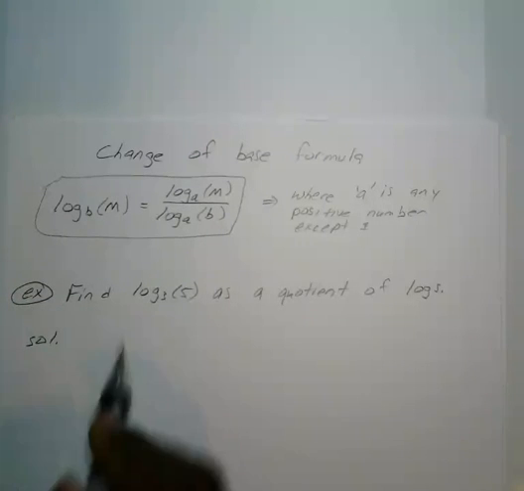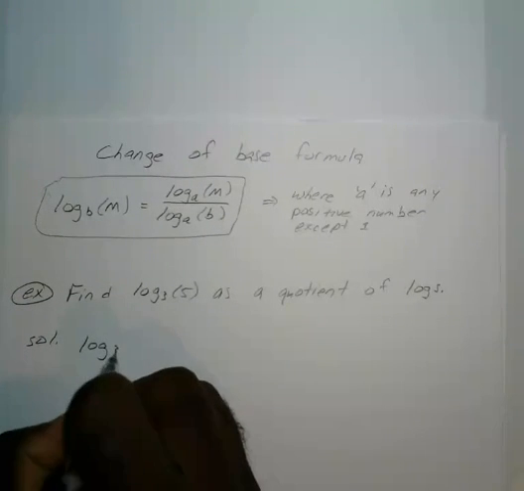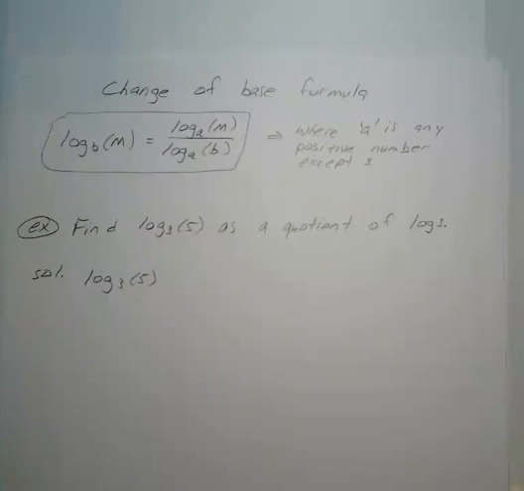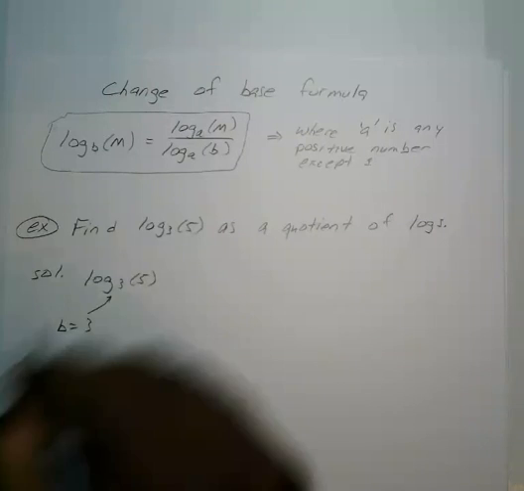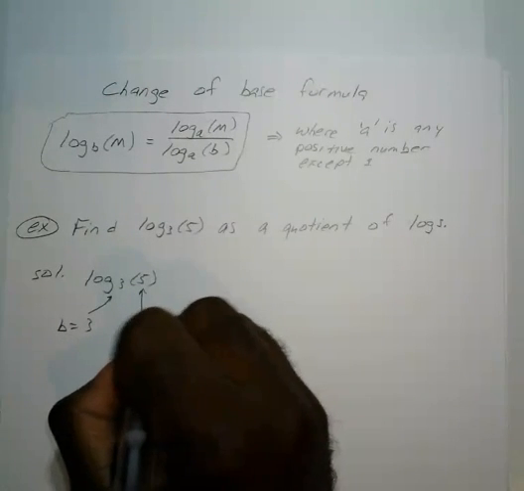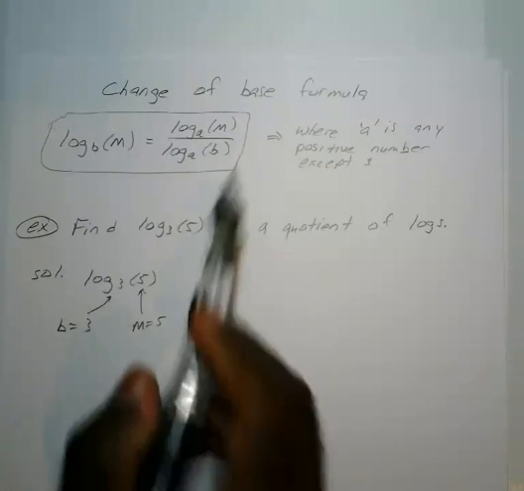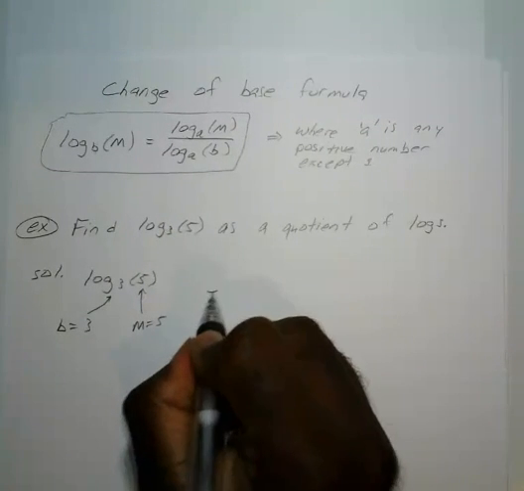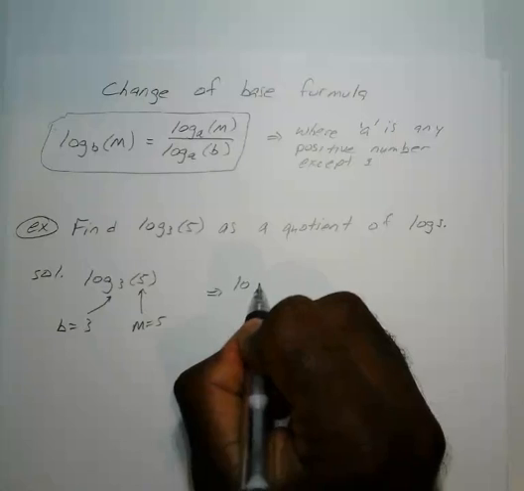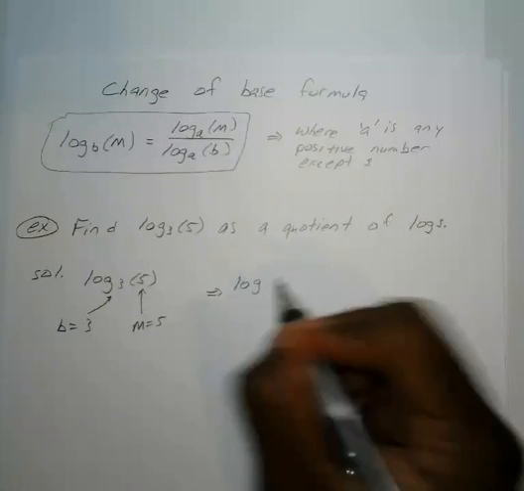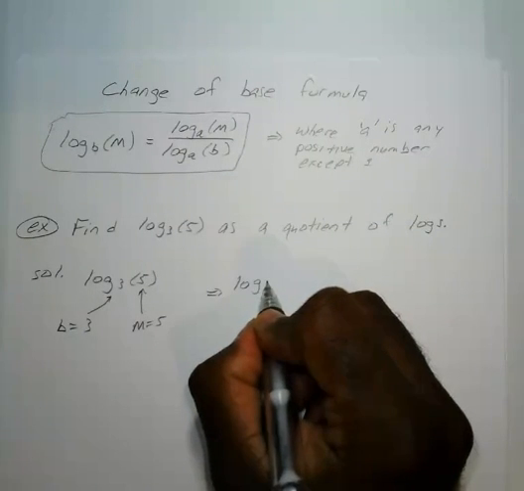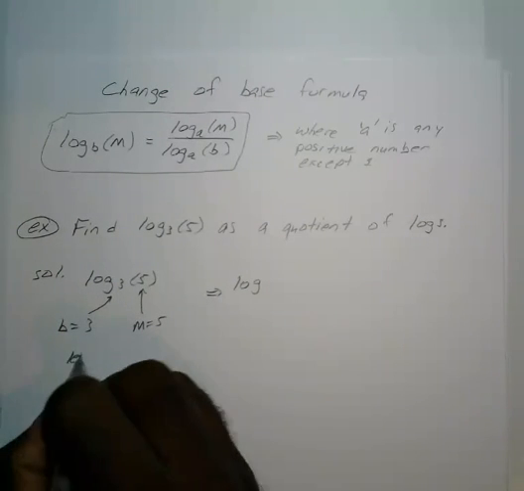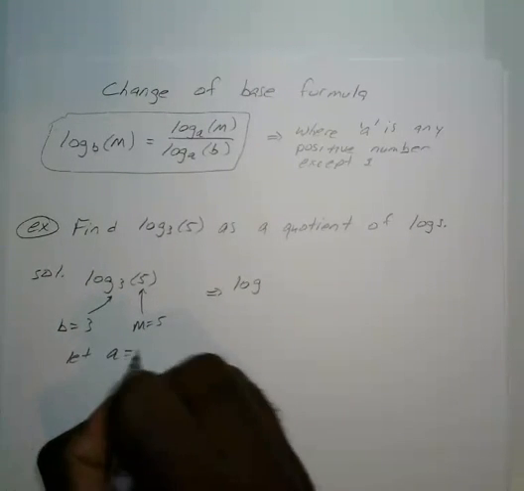If we look here, you notice in log base 3 of 5, b is equal to 3 and m is equal to 5. So if we plug it into this formula, we can make that log of any value at all. Let's say we let a equal e.